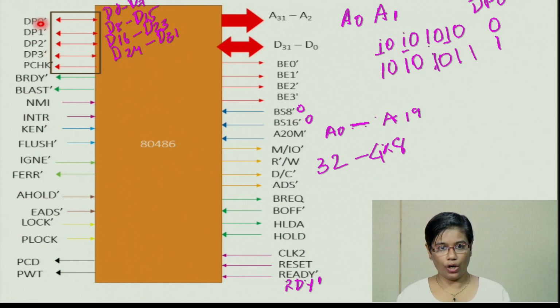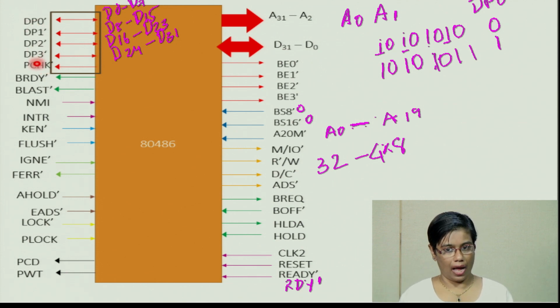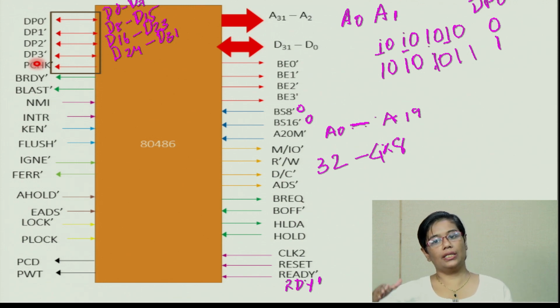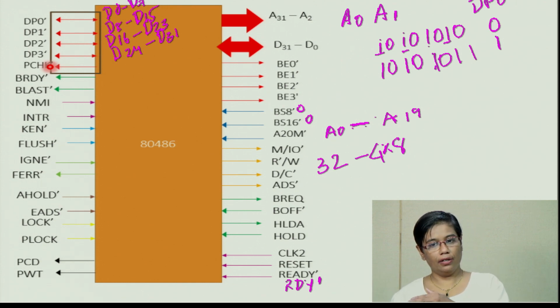So during a read operation, just like your data bus is an input, DP0, DP1, DP2, DP3 are inputs. And during a write operation, just like your data bus is going to be an output, DP0 to DP3 are also going to be outputs. So they follow the direction of the data. So if data is transmitted, DP0 to DP3 is transmitted.